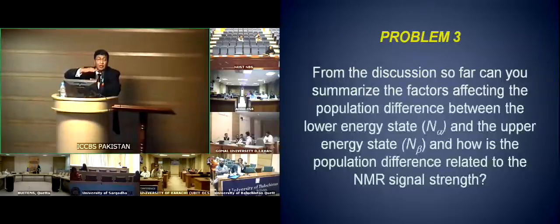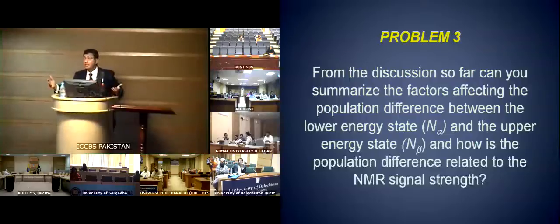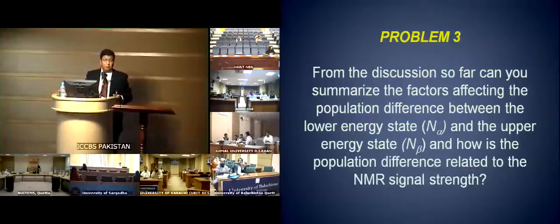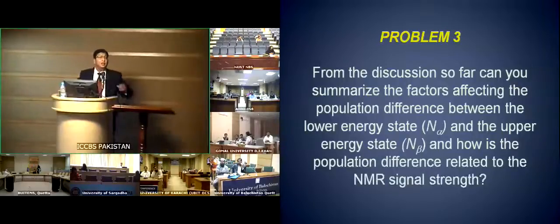Why? And when you have, let's say, an 8.8 Tesla machine, 600 megahertz, 700 megahertz, the population difference increases, and the del E increases also. So when del E increases, the population difference increases also. Why? Absolutely. When the energy gap is less, there is a possibility of interstate transfer.